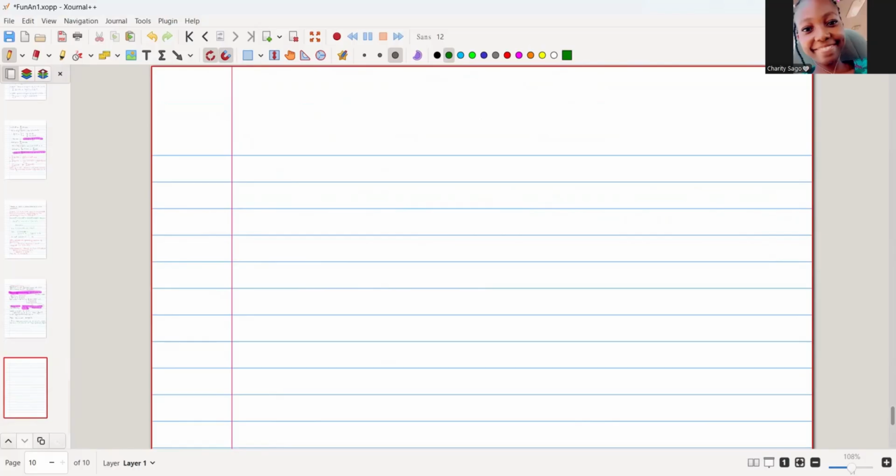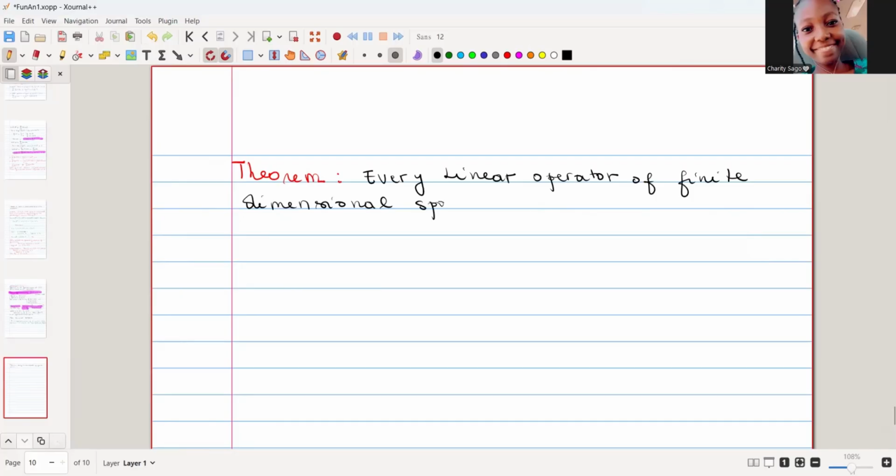So the next one is a theorem. The theorem says every linear operator on finite dimensional spaces is bounded.